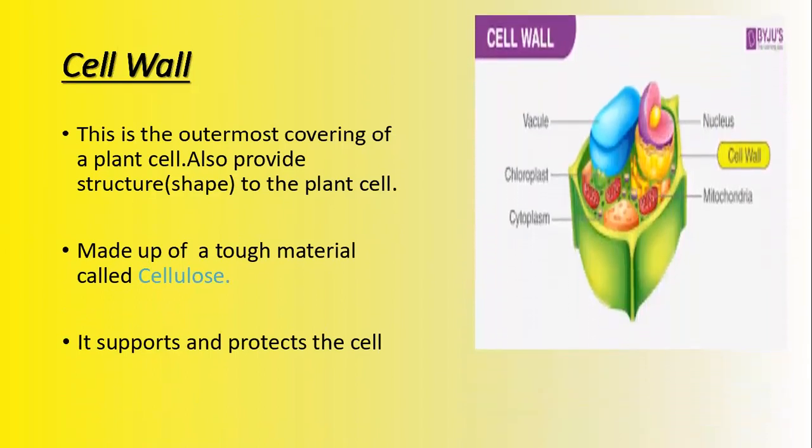The cell wall is shown in the figure. Nucleus, mitochondria, cytoplasm, chloroplast, and vacuole are inside the cell wall. Means it is the outer covering of a plant cell.